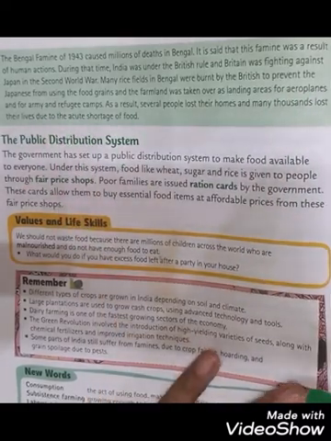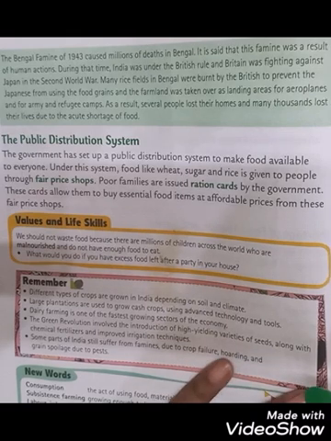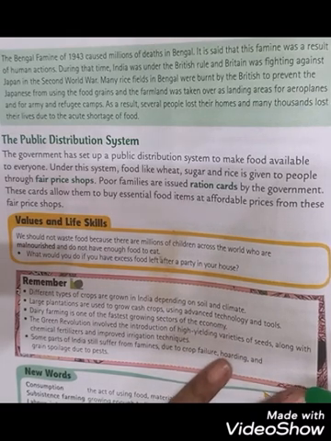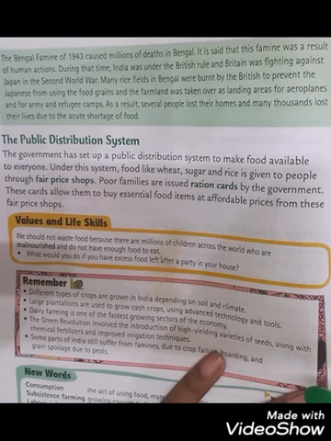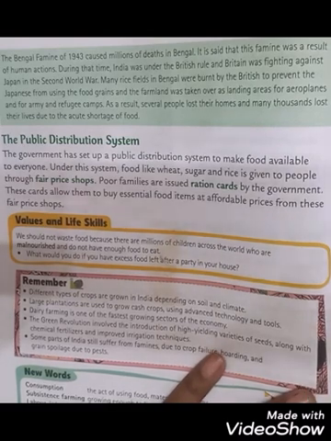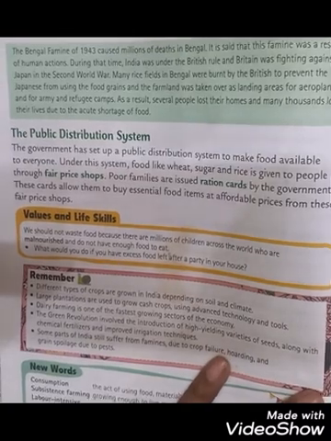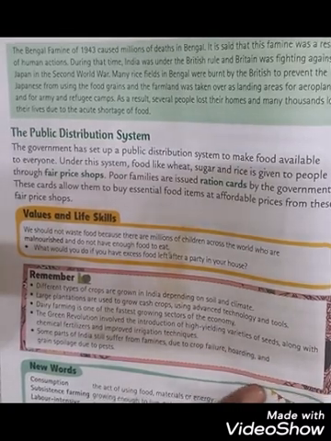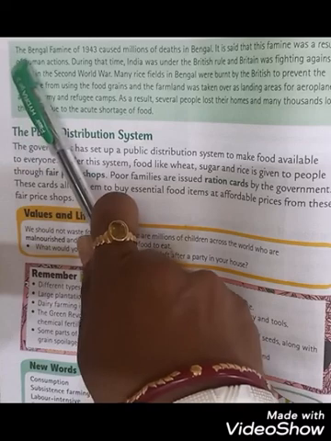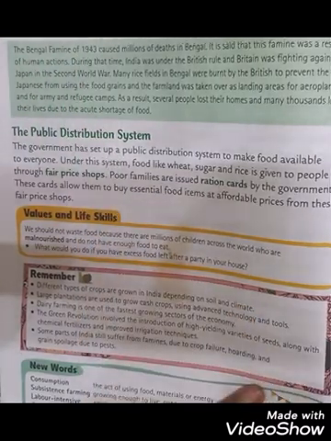Several people lost their homes and many thousands lost their lives due to acute shortage of food. So that was created by man, the Bengal famine of 1943.